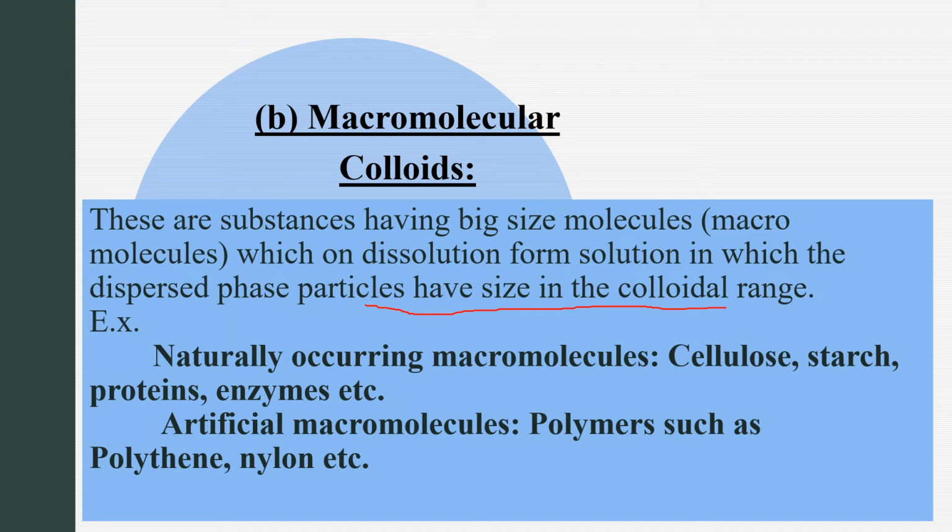Examples: naturally occurring macromolecules are cellulose, starch, proteins, enzymes, etc. These all are naturally occurring bigger molecules. Whereas some artificial macromolecules are polymers. Poly means large.